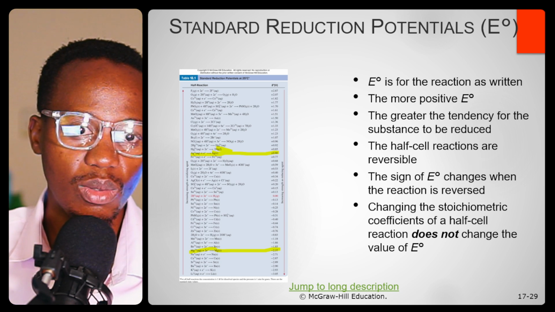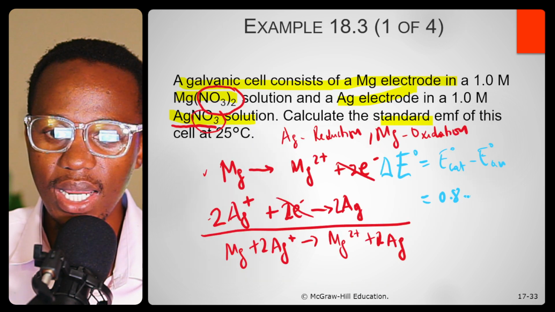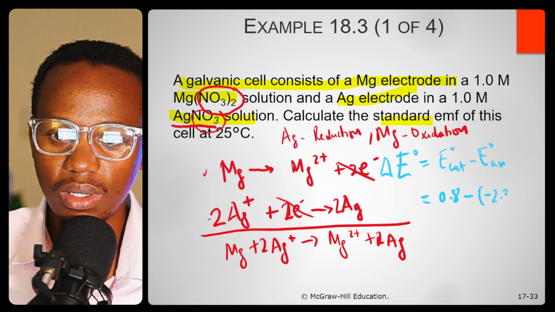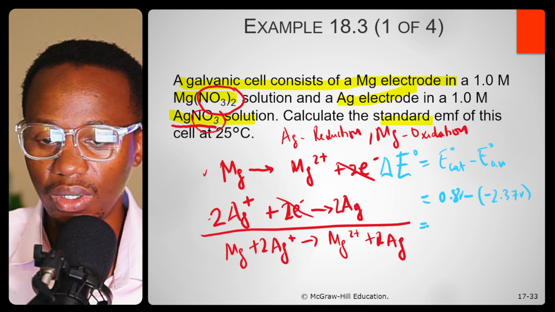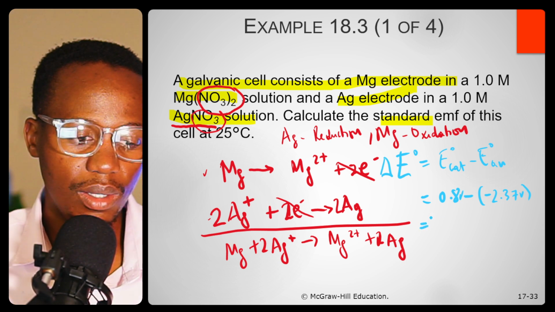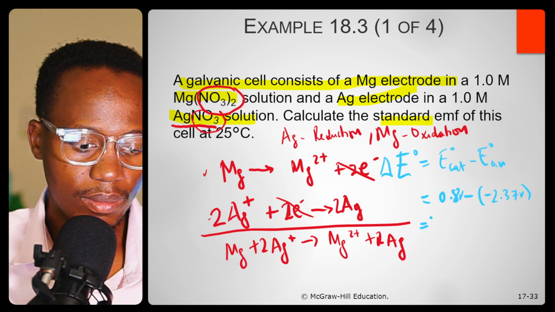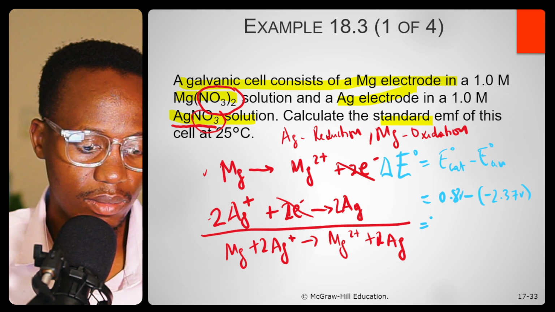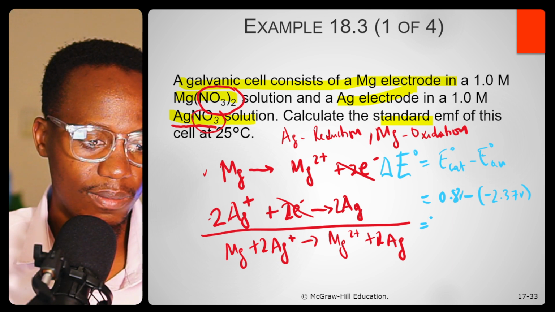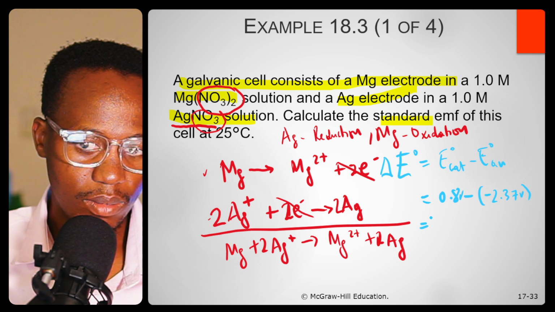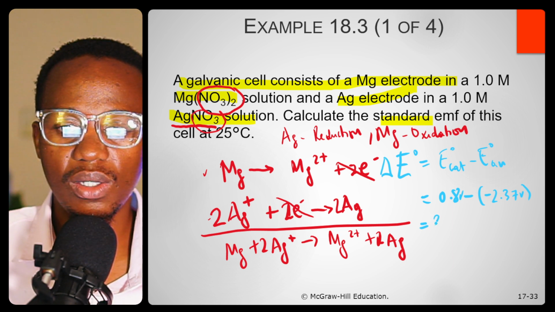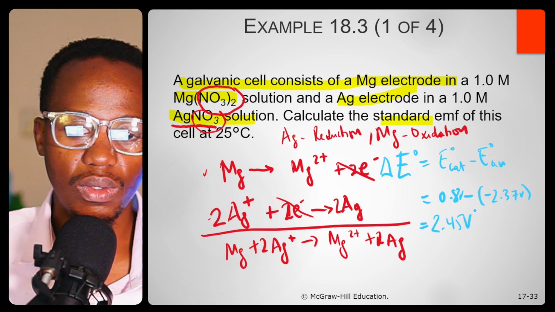So it's 0.8 minus negative 2.37 volts, right? So the voltage here should be 0.8 plus 2.37, which is 2.45. All right, so the voltage is 2.45 volts.